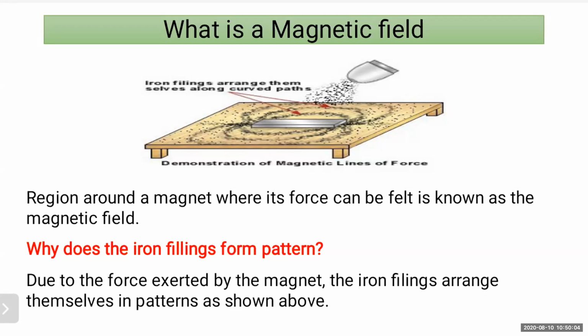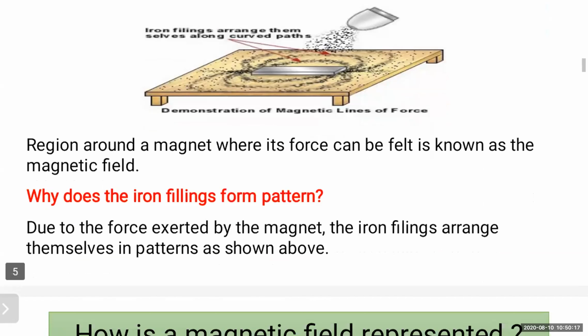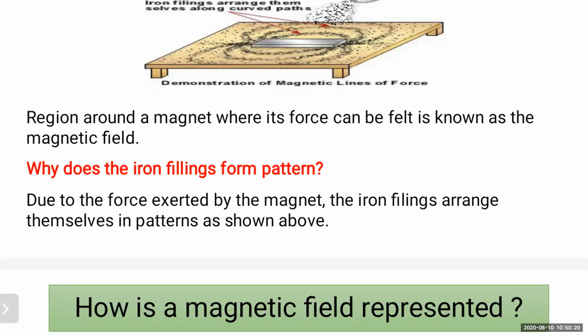So it is only due to the force exerted by the magnet, and the force is mostly exerted towards the poles. More force is exerted by the magnet's poles, that is north and south pole.